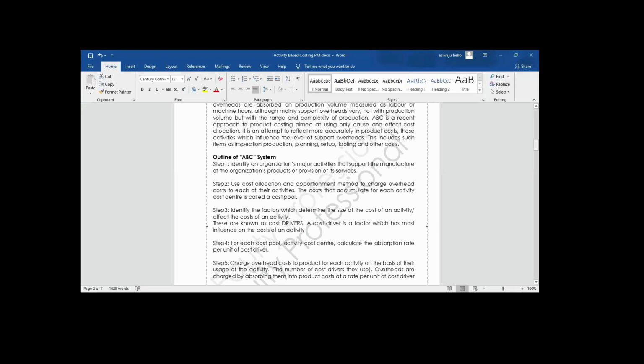The overhead cost of each activity is what we call the cost pool.